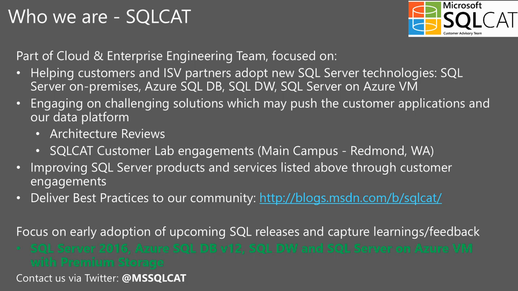We try and take those lessons learned back to the product group to improve the product as a whole, and we try to deliver that to you as the community through conferences such as this or through our blog site. We have a number of white papers and blogs that we produce as well. A few of them I point to at the end of this session.